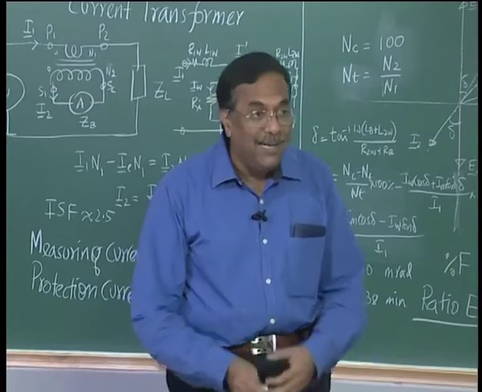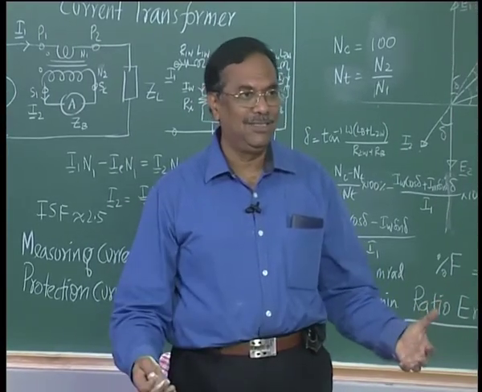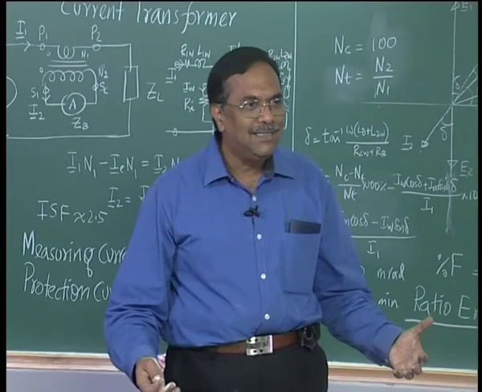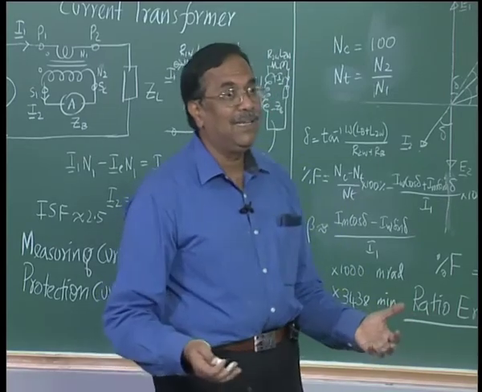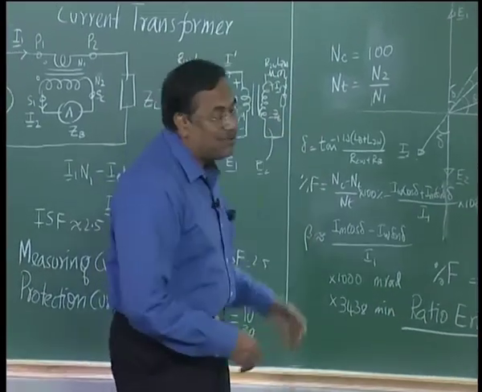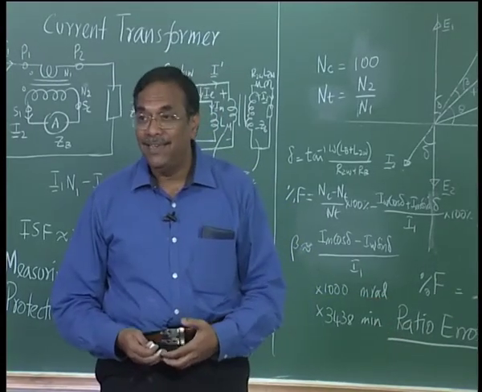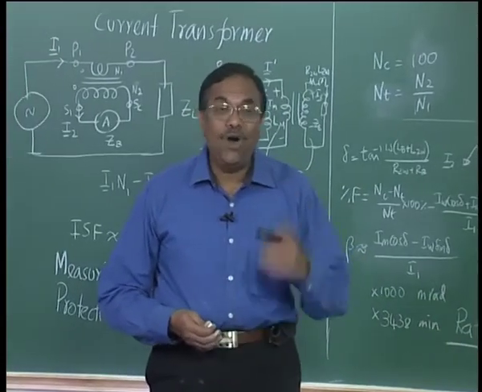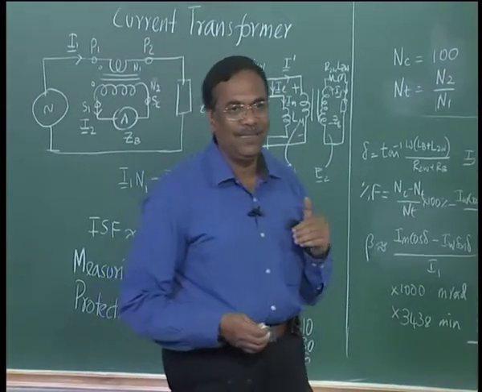So if my burden is large, E2 has to be large, and hence IE will be large and error will be large. So the manufacturer cannot simply give a current transformer for all burdens, right. So he has to specify up to what maximum burden his error specification is valid, right.